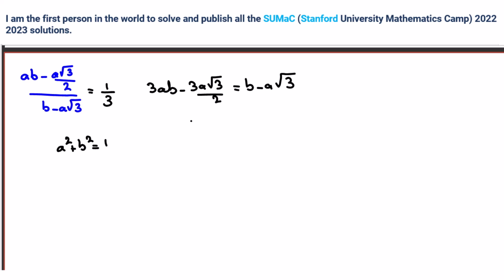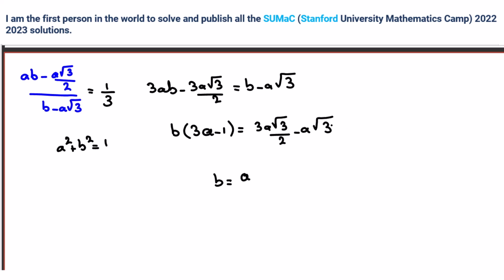So if we want to find a, we can calculate b in terms of a. It will be 3a minus 1 times b equals 3a root 3 over 2 minus a root 3, right? So b is equal to a root 3.